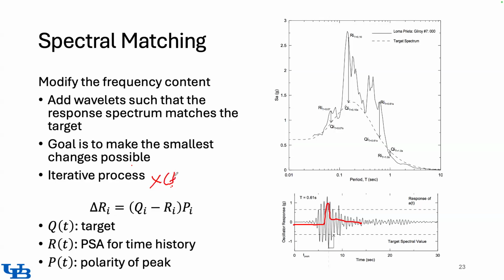The correction that you have is simply the impulsive response of the oscillator times the correction in the acceleration that you want to apply. So this is what you are modeling as a pulse.